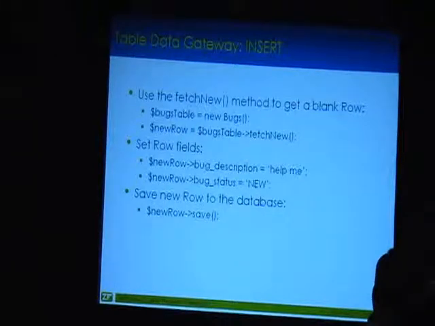So do those methods throw exceptions? Good question. If you didn't hear it, it is, do these methods throw exceptions? Yes, they do. Because, for example, you could specify values that violate constraints.